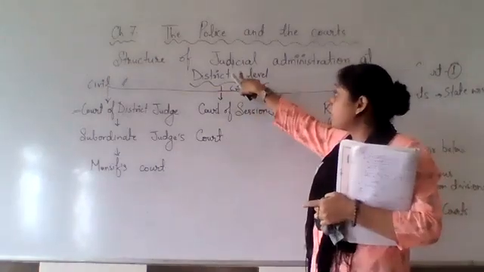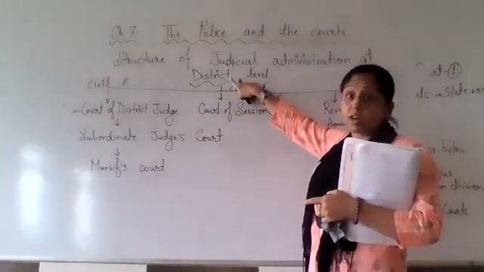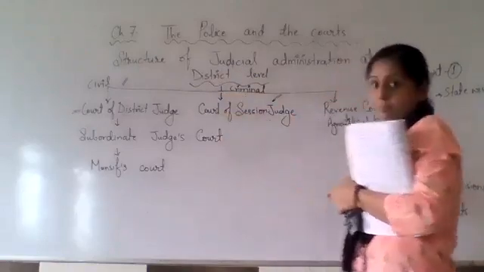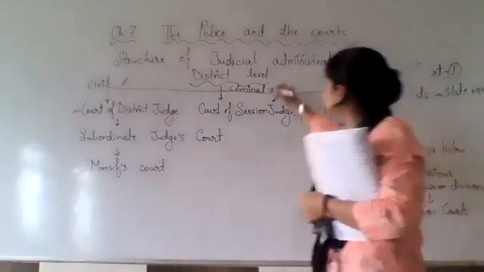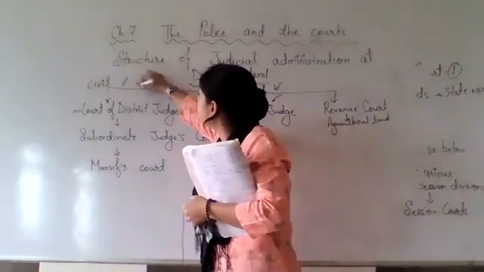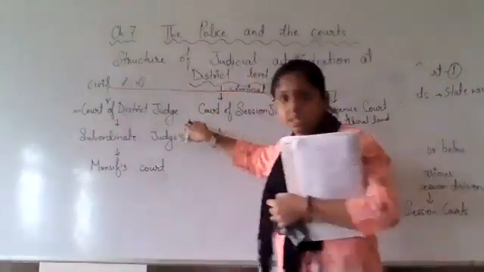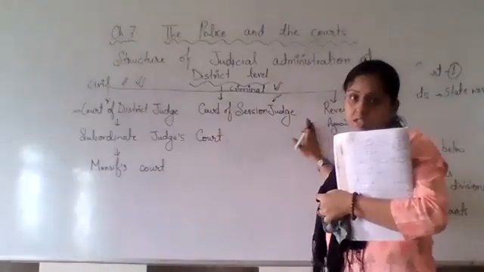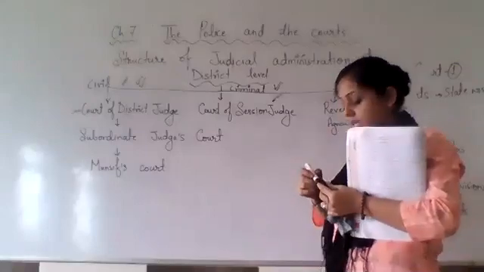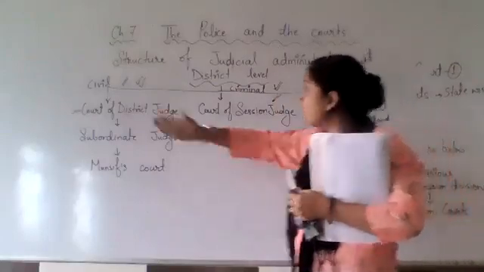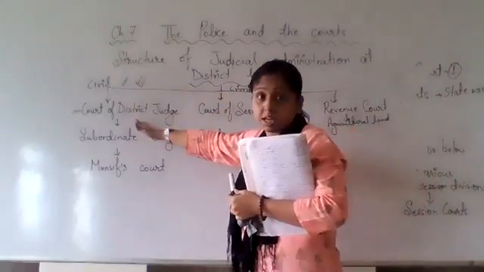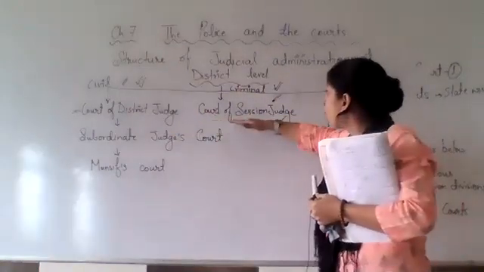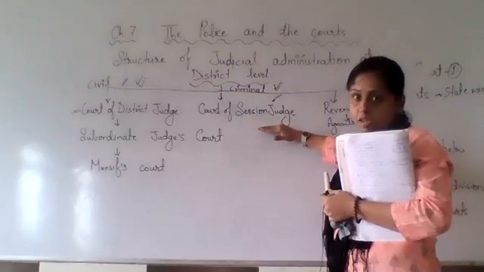So this district, the subordinate code is divided into 3 levels. If you see, these two are the main: Court of district judge and court of session judge. All the civil issues will go under court of district judge, and all the criminal issues will go under the court of session judge.